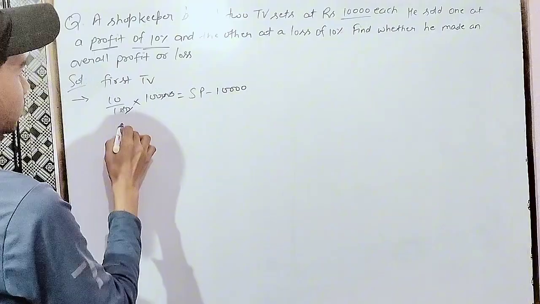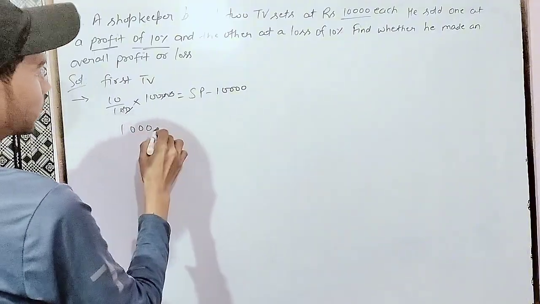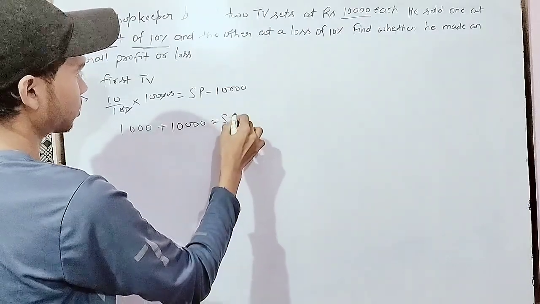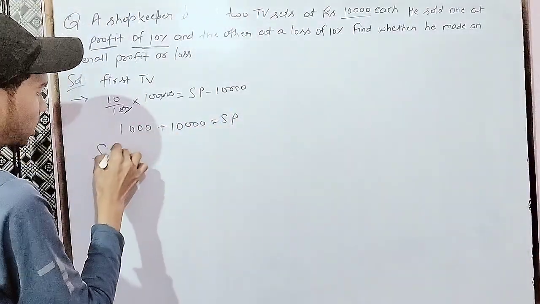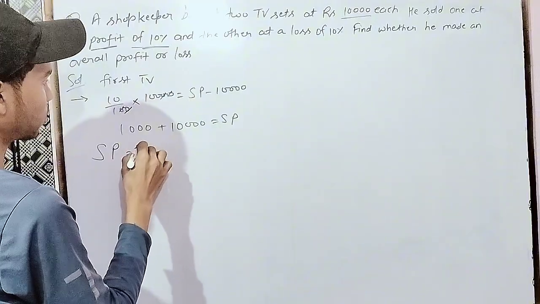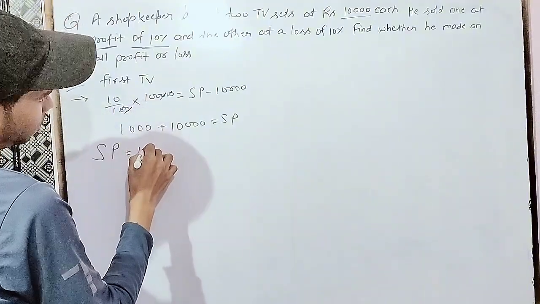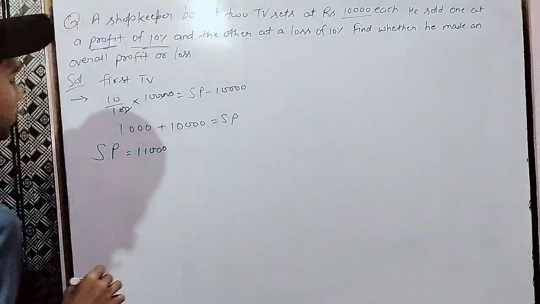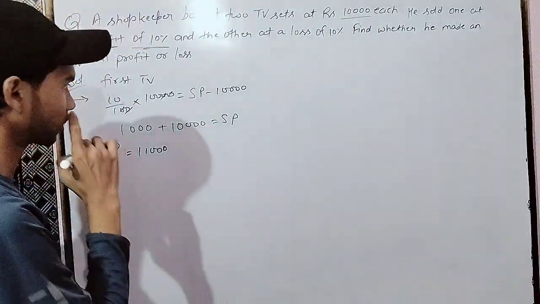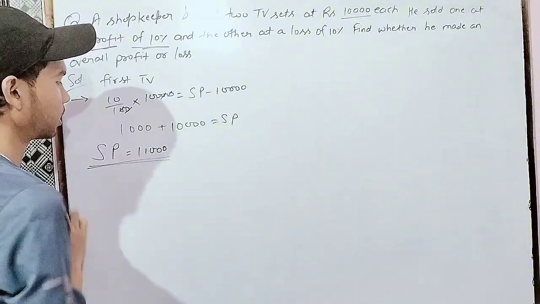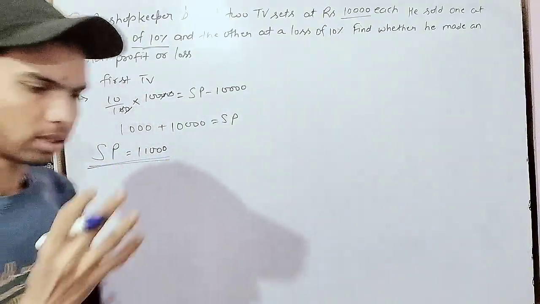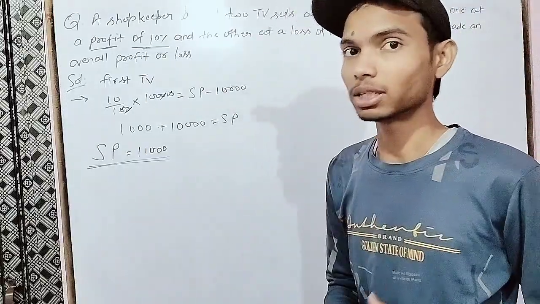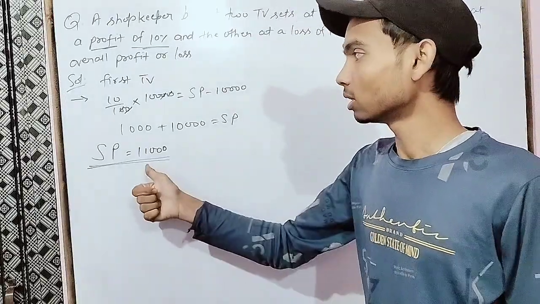Now we have 1,000 here and 10,000 is equal to the selling price. So now you are crystal clear that the selling price is 11,000. The shopkeeper sold one TV at a profit of 10%, which in rupees is 11,000.